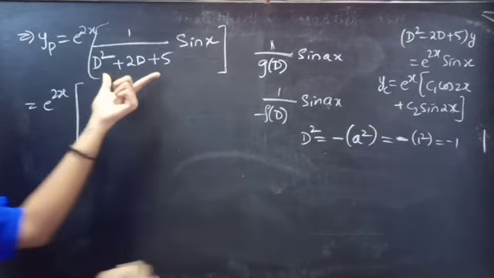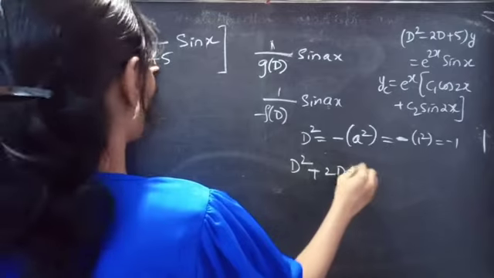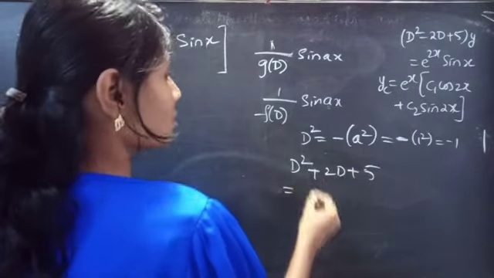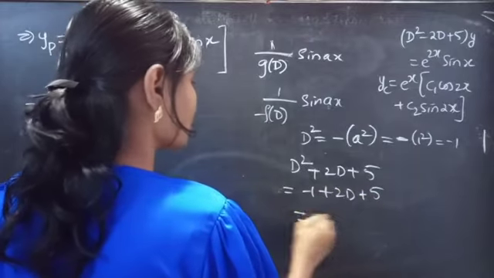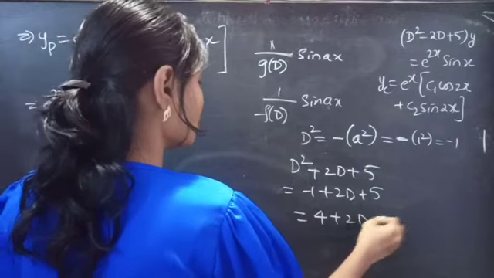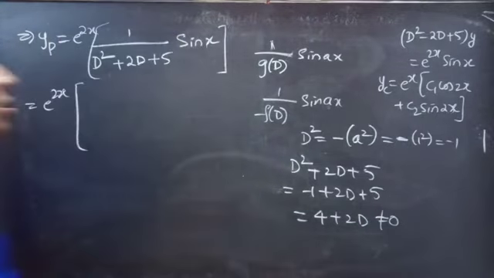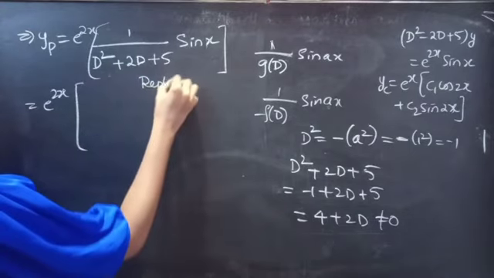Just take the denominator part and replace d square by minus 1. We'll get minus 1 plus 5 is 4 plus 2d, which is non-zero. Since by replacing d square by minus 1 the denominator becomes non-zero, we can replace d square.